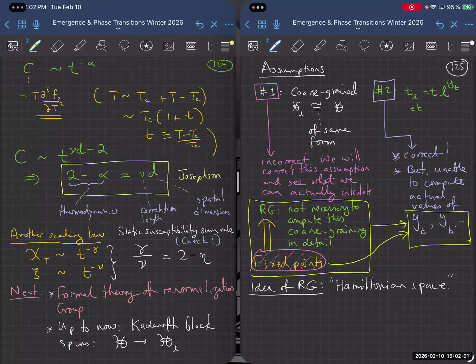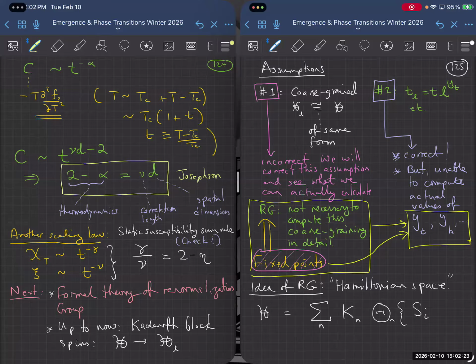So remember when we started this course, I said, let's think of the Hamiltonian statistical mechanics as basically being the sum of terms. And I wrote these terms in this way. I wrote things called coupling constants and things called local operators.